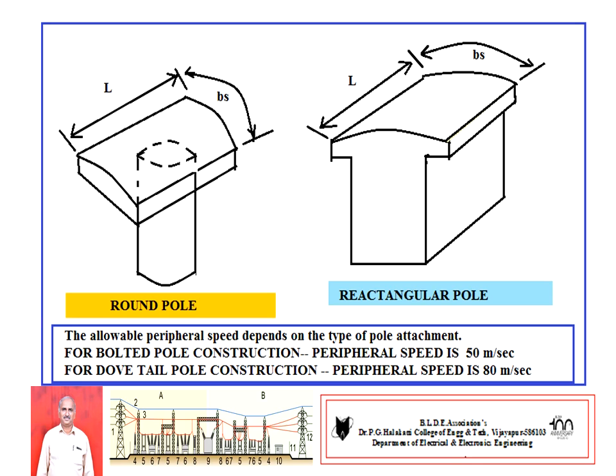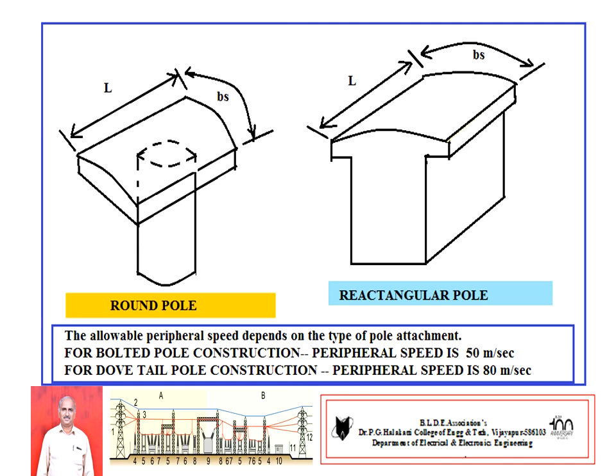If circular pole is given, L by tau equal to 0.6 to 0.7. If rectangular pole construction is used, then L by tau equal to 1 to 5. You can select any value. But commercially, L by tau equal to 3 is used.